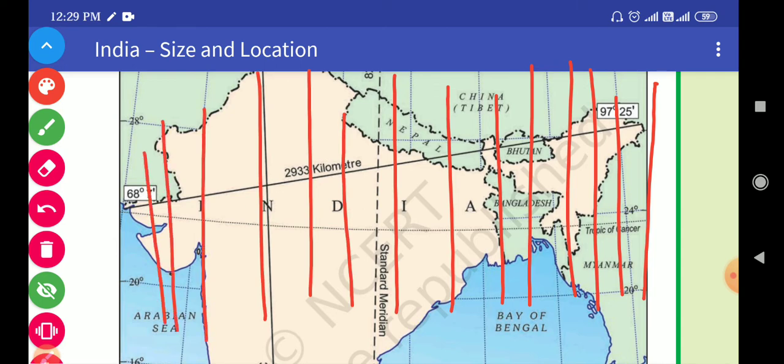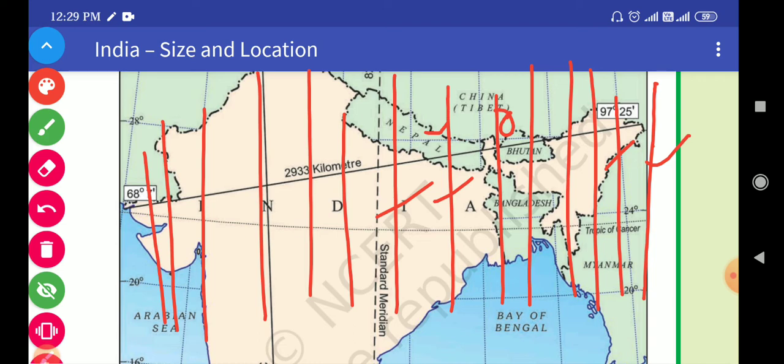According to that, if you move from one longitude to another longitude, there will be a 4-minute difference. It means there is a 4-minute difference between one longitude and another. In the same manner, the sun takes 4 minutes to pass from one longitude to another, and because of that there are 30 different local times found in India.